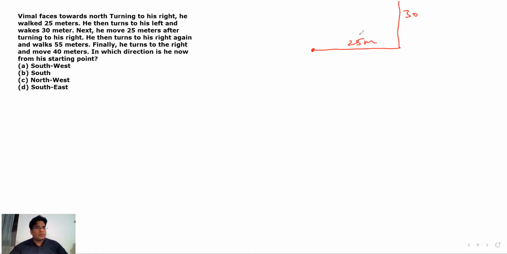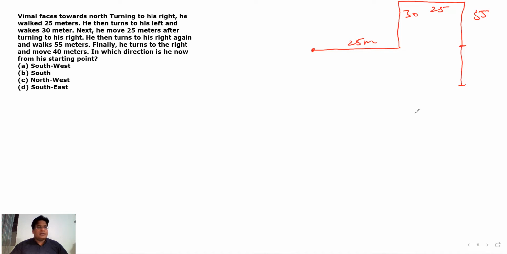Next, he moved 25 meters after turning right. Again 25 meters. He then turns to his right again and walks 55 meters. Again, remember one thing, 30 must be this, and 30 plus 25 is known as 55 meters.